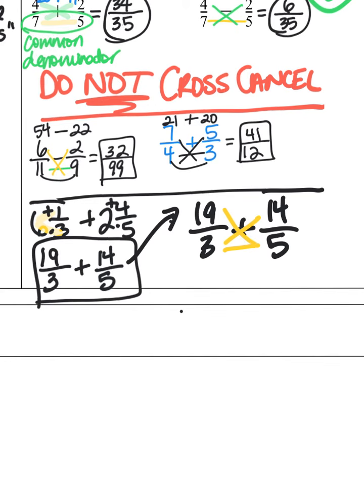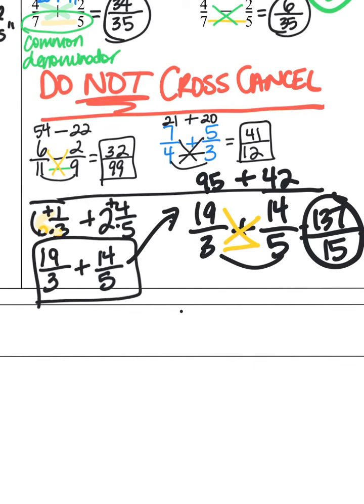In this case, we're going to get 5 times 3 is 15, 19 times 5. So 5 times 20 would be 100, so it's 5 less than that. So it's 95 plus 3 times 14 is 42. And we're just going to add that up, and we have 137. Okay? So that's it for 2-2.